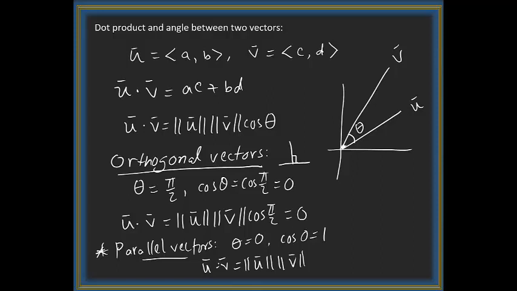So when you take the dot product and the answer is the same as the product of their magnitudes, the vectors are parallel. On the other hand, when you take the dot product and we get 0, then they are orthogonal. Otherwise, we call it neither parallel nor orthogonal. We'll take more examples.